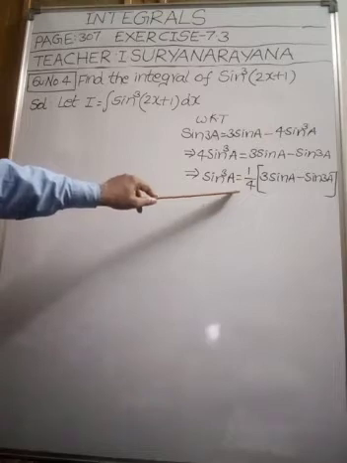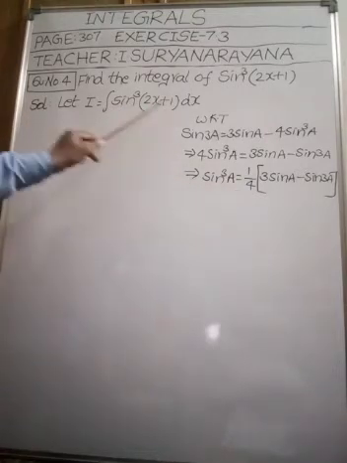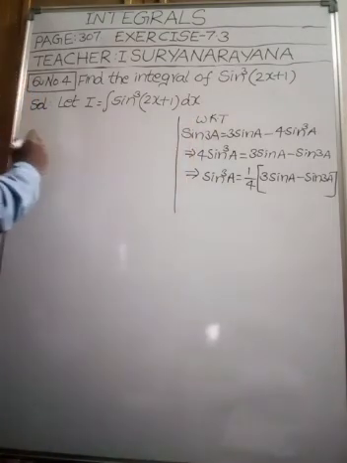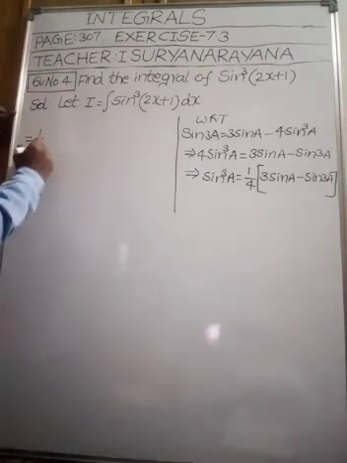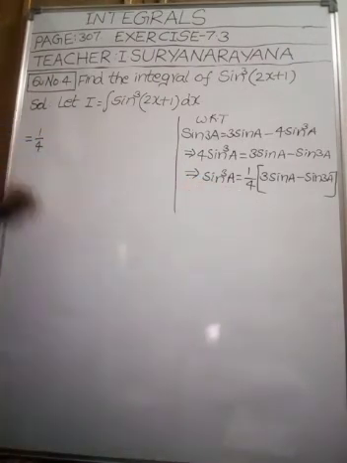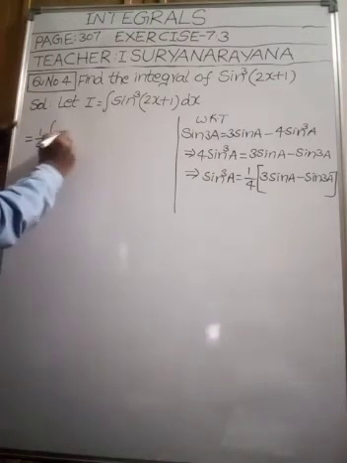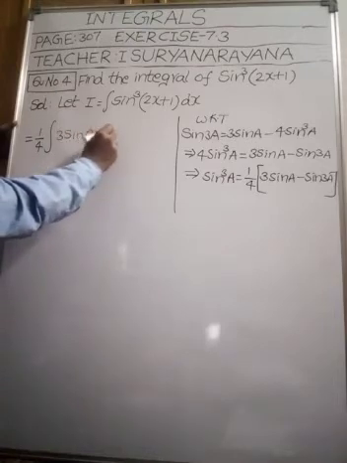So we use this result here, where A is equal to 2x plus 1. Okay, my children? That is equal to, what will you write here? 1 by 4. I am writing that numerical coefficient outside. Integral of 3 sin A, where A means 2x plus 1.